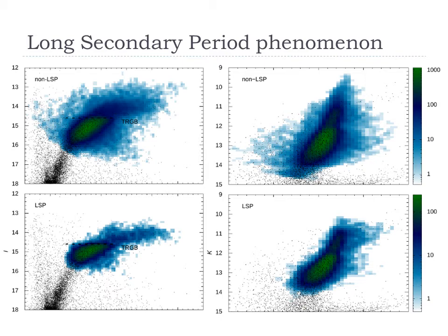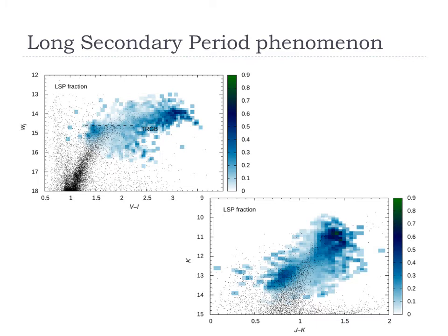The bulk of LSPs appear right below the TRGB, the tip of the red giant branch, which shows us that there is a significant contribution of the RGB stars in the LSP population, but obviously there are also LSP stars above the TRGB, which means that the population of LSP stars is a mixture of RGB and AGB stars.